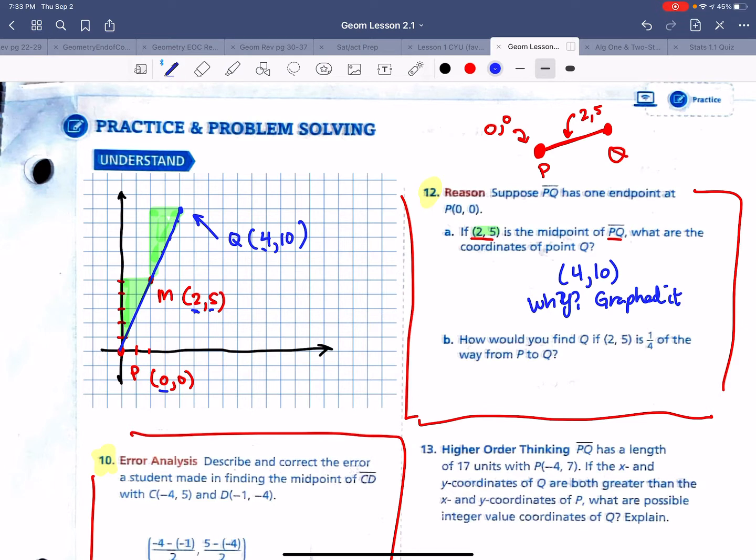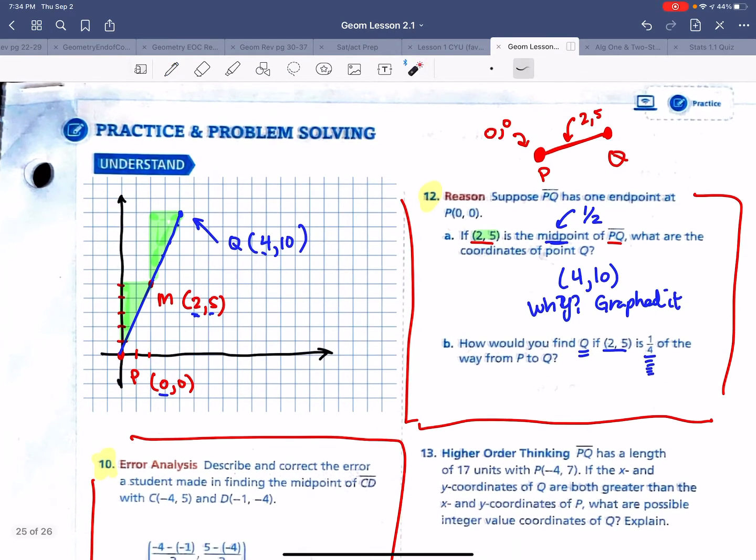What else? It says, how would you find Q if this was not a half of the way there like in the last problem, where the midpoint would be half of the way there, but rather a quarter of the way there. So if this was 1/4 of the way there, meaning I had 1, 2, 3 more quarters, another quarter, and another quarter left to go.